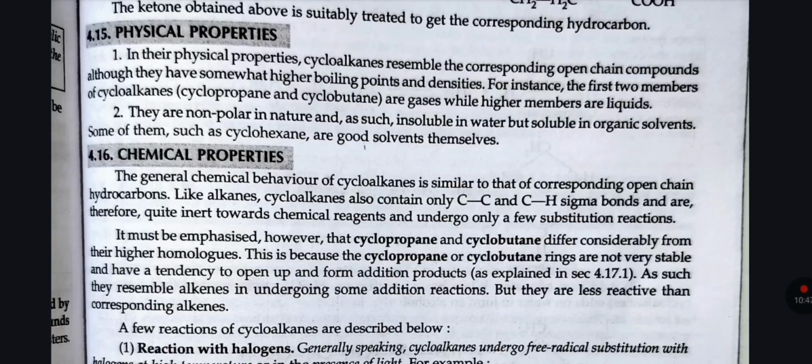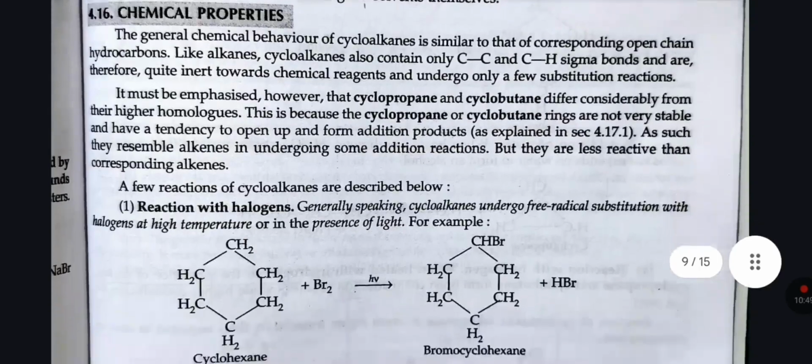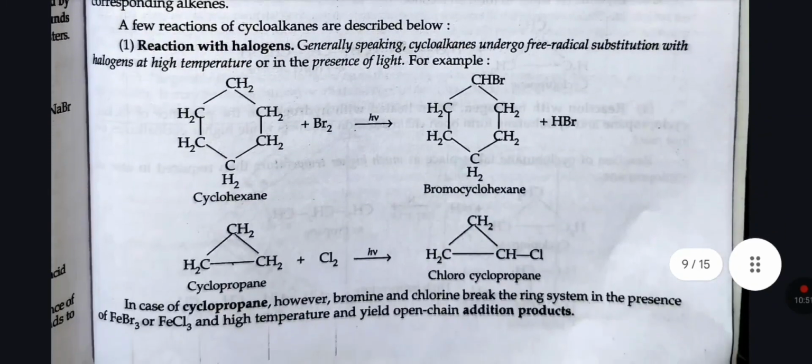A few reactions of cycloalkanes are described below. First, reaction with halogen. Generally speaking, cycloalkanes undergo free radical substitution with halogen at high temperature or in the presence of light. For example, cyclohexane plus Br2 in the presence of sunlight will give bromocyclohexane plus HBr, and cyclopropane plus Cl2 in the presence of sunlight will give chlorocyclopropane.